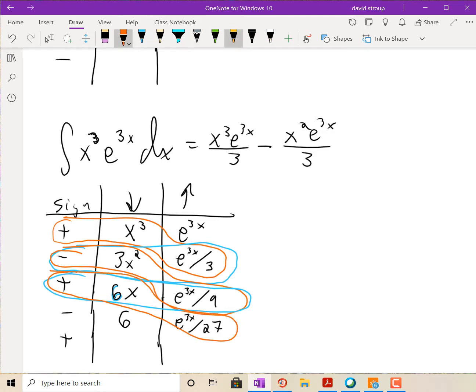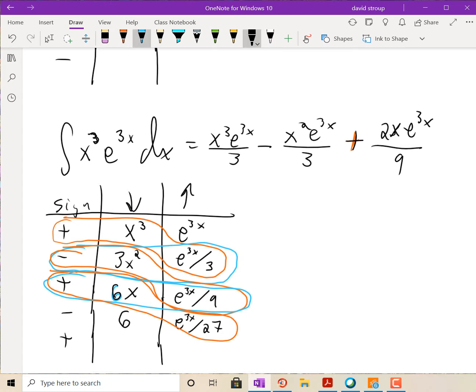So this will be plus. You get 6 over 27, so that'll be 2 all over 9. So you get plus 2x e to the 3x all over 9.